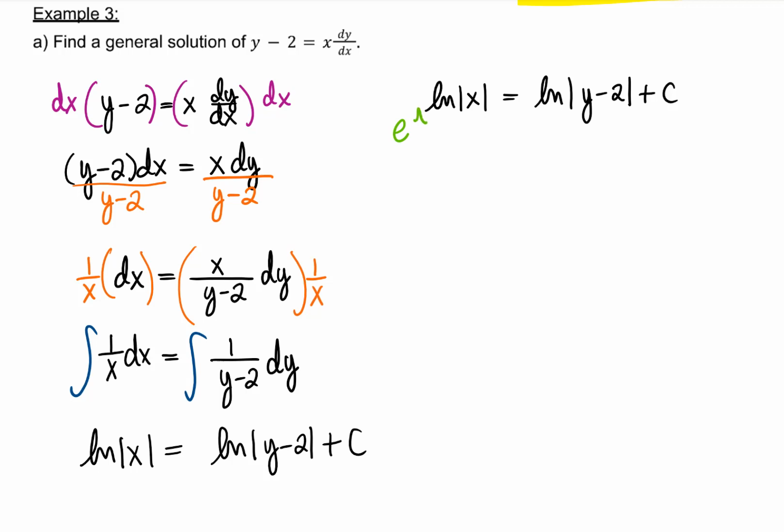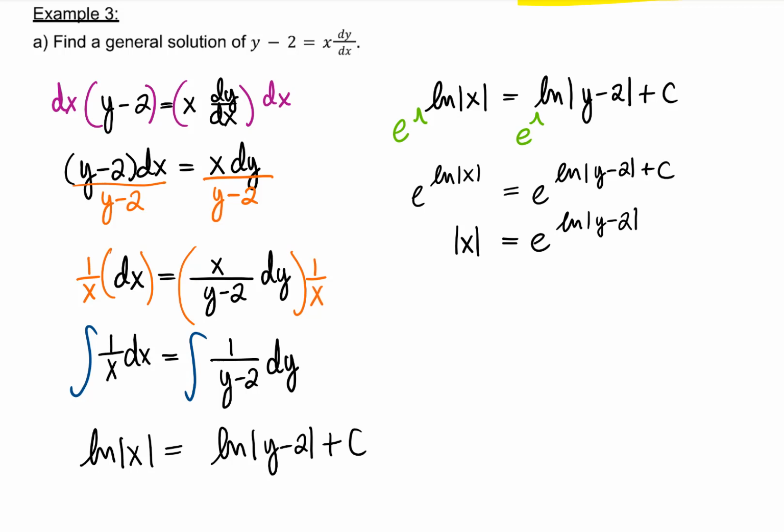To solve for y, we'll exponentiate both sides of the equation with the base of e. This will isolate absolute value x, but since our result of e to the something can never be negative, we have to keep that absolute value there because there's no way you can plug in a negative, it wouldn't make sense.